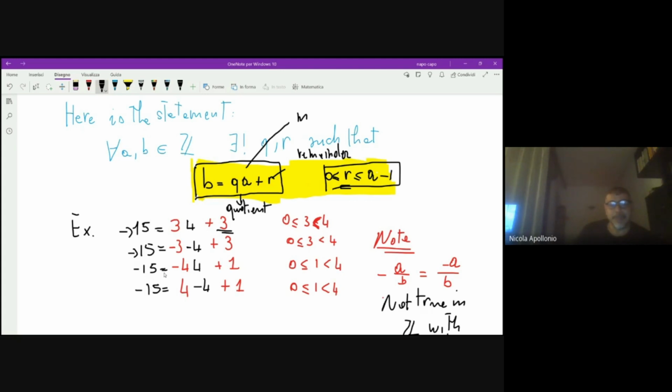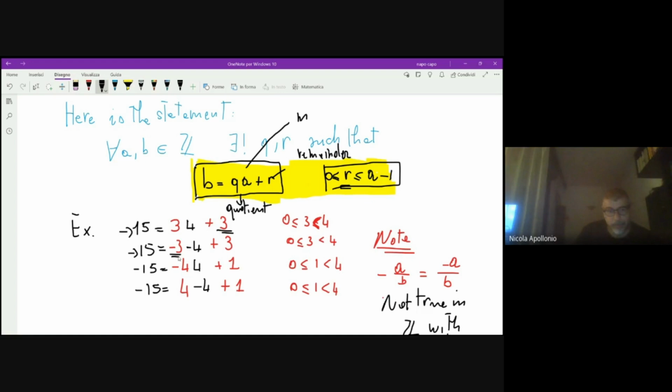But just look at the division of 15 by minus 4 rather than the division of 15 by 4. On dividing 15 by minus 4, you get a quotient of minus 3. Minus 3 times minus 4 is 12. And the remainder is 3.